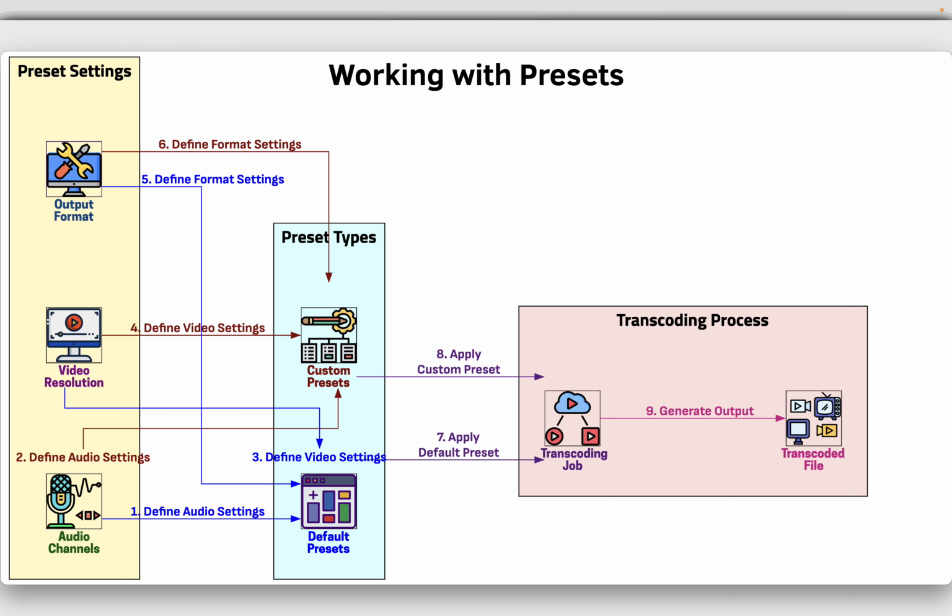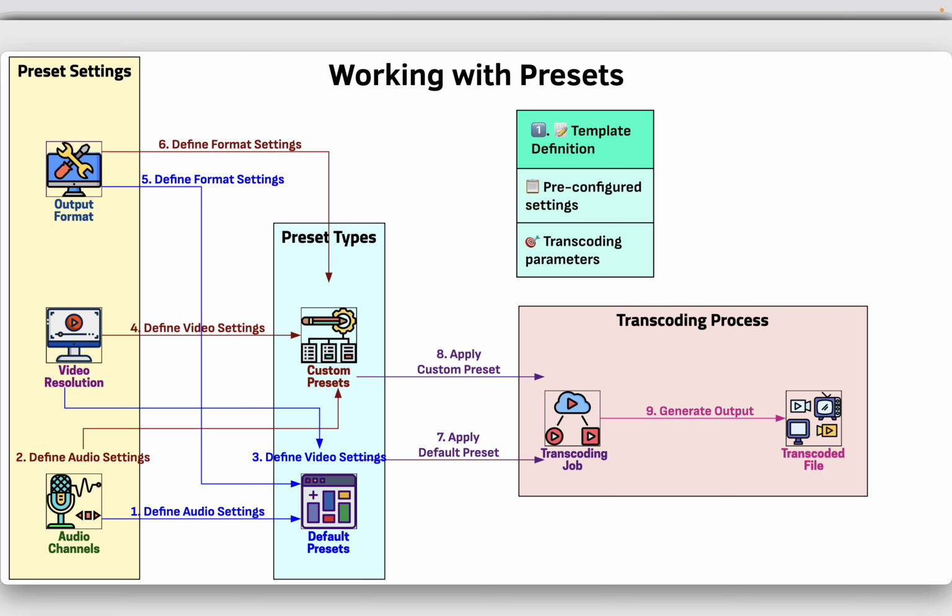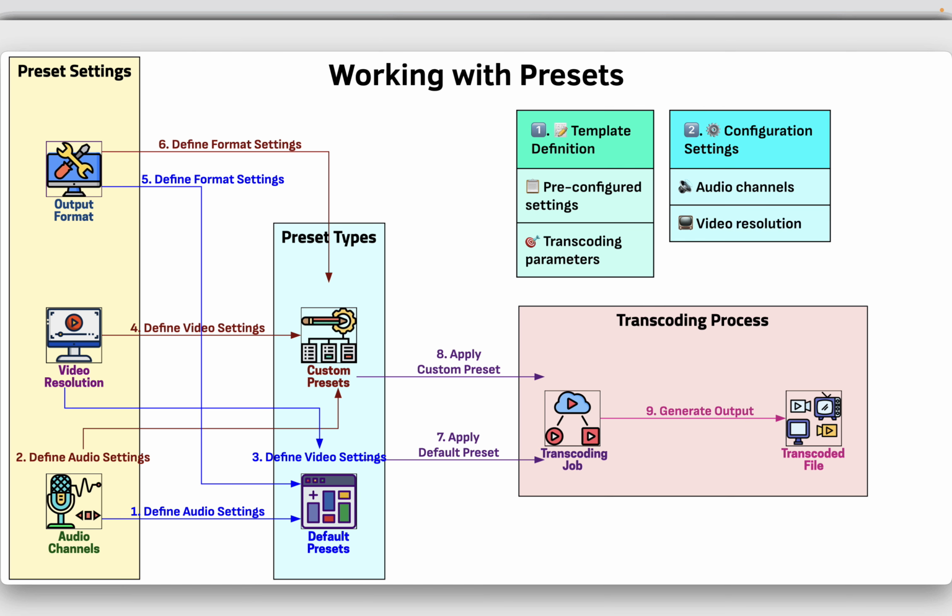Next is working with presets. A preset in Transcoder serves as a template containing pre-configured settings and transcoding parameters that will be applied during the media conversion process. The configuration settings within a preset specify important technical parameters such as the number of audio channels and video resolution that will be applied to the transcoded output file.